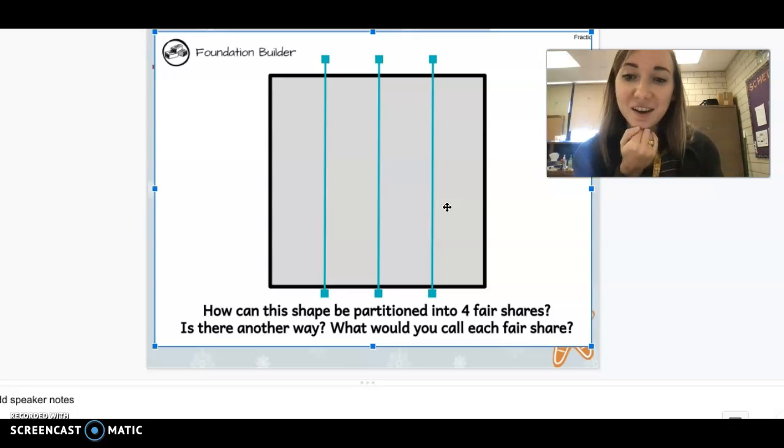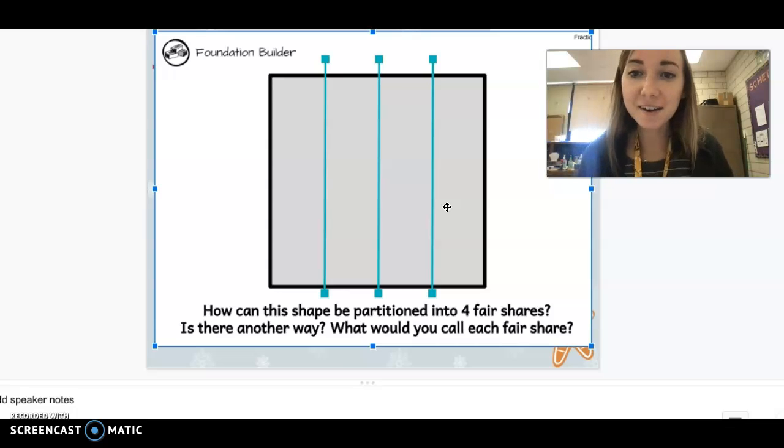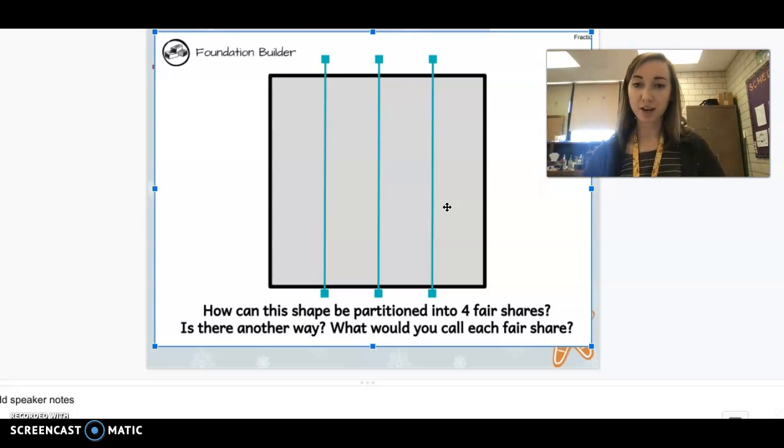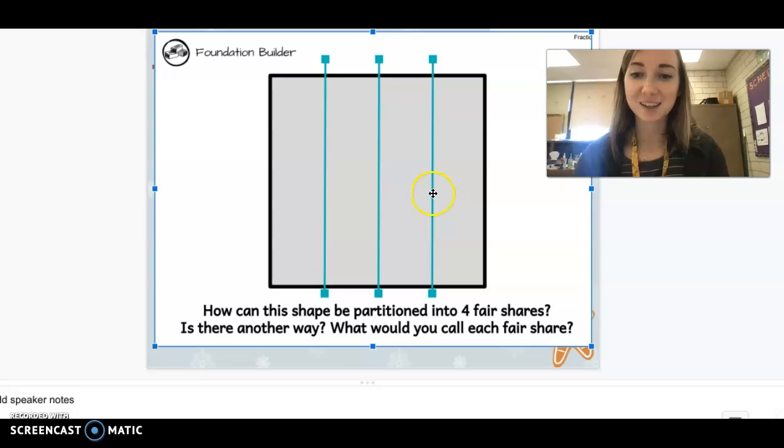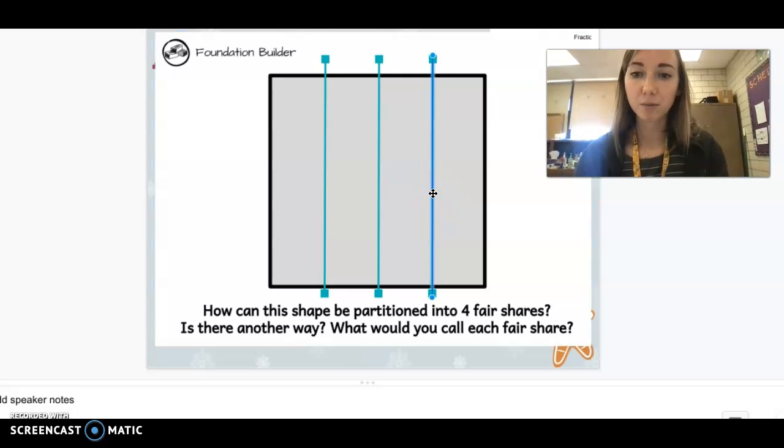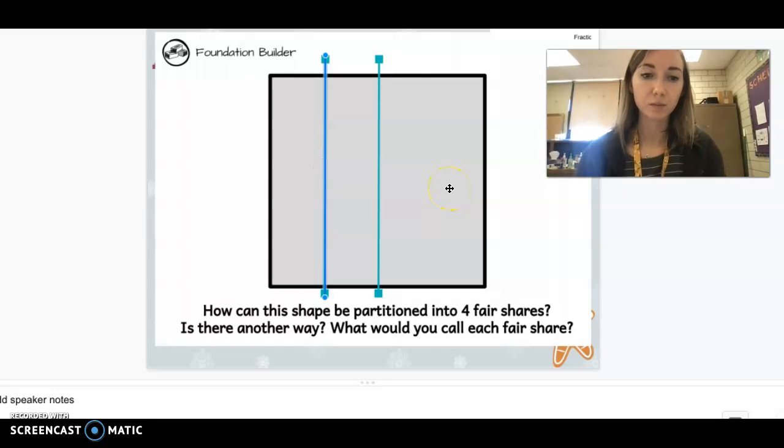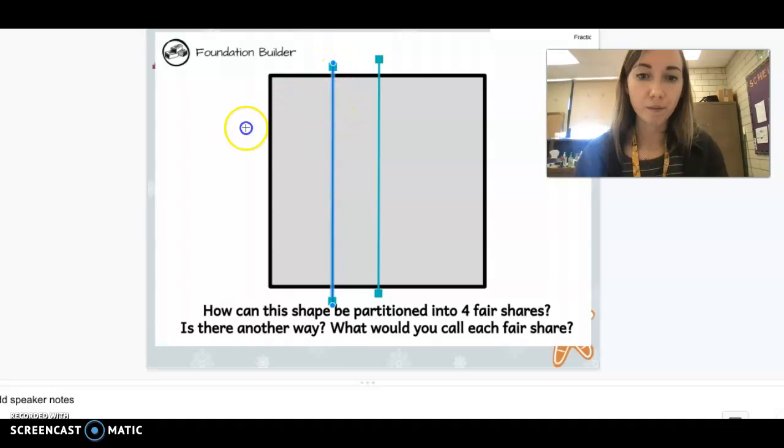I have a question for you though. Is there another way we could have created 4 shares? Some of y'all are saying no, but I think I heard one person say yes at least. So let's see what we can do to create another way to do it. I'm going to put this one here.